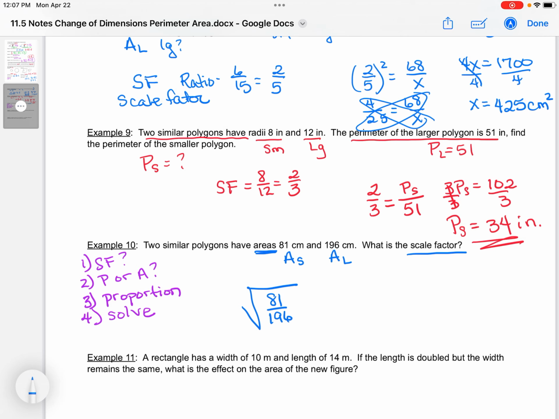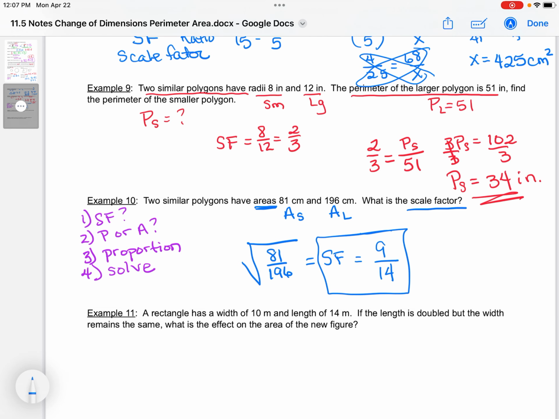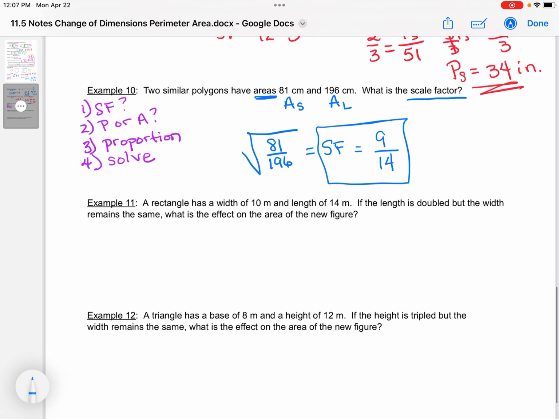So the square root of 81 is 9. And the square root of 196, I think, is 14. So that would be the scale factor. If it had been the perimeters, it would have already been the scale factor.